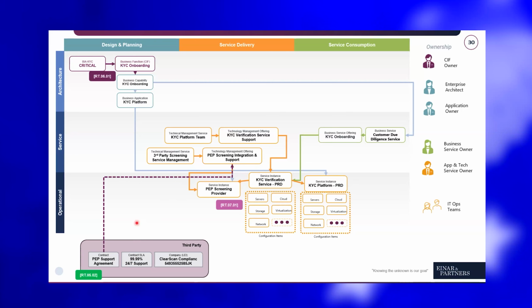And this can then also help to build up that DORA register of information, where we can look from a DORA critical function all the way down to all the different dependencies and see which third parties, which contracts are in place to actually manage those critical functions.